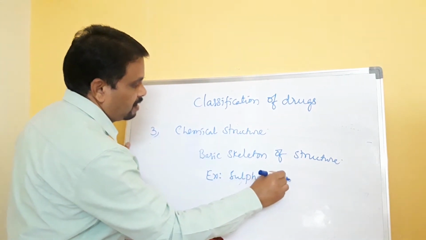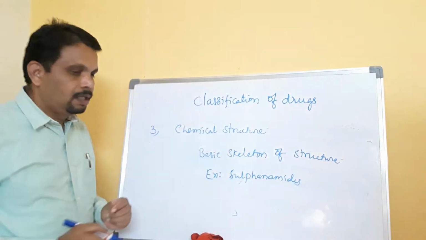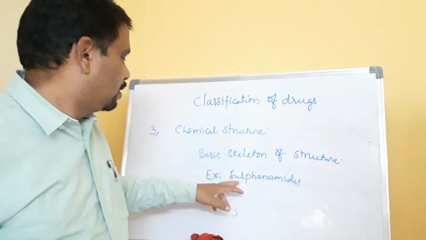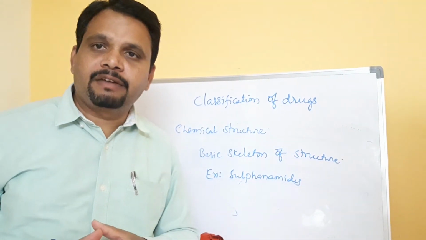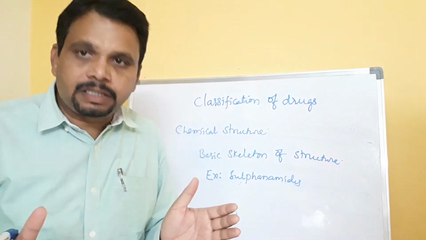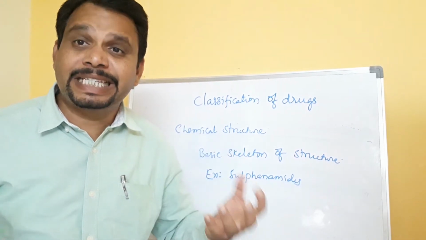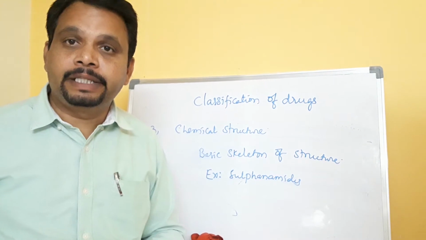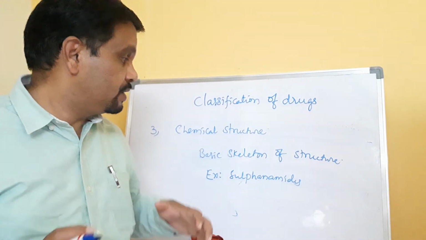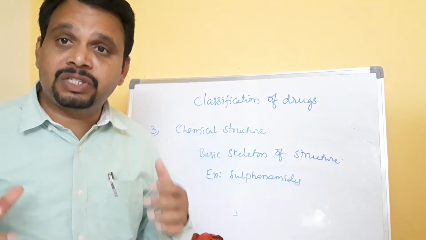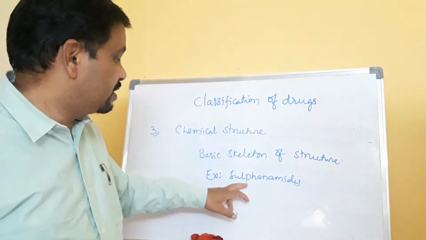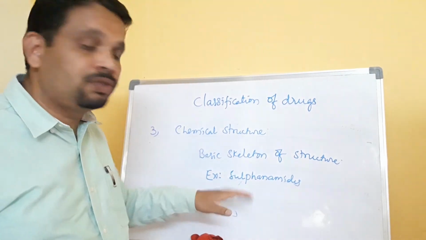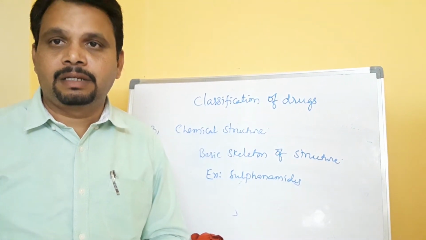Sulfonamides means all these kinds of drugs, or this class of drugs, have the same basic skeleton structure. They have a similar basic chemical structure. On the basis of chemical structure, we can classify drugs into different categories.